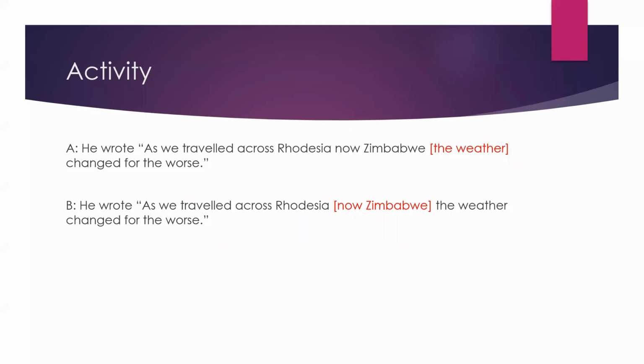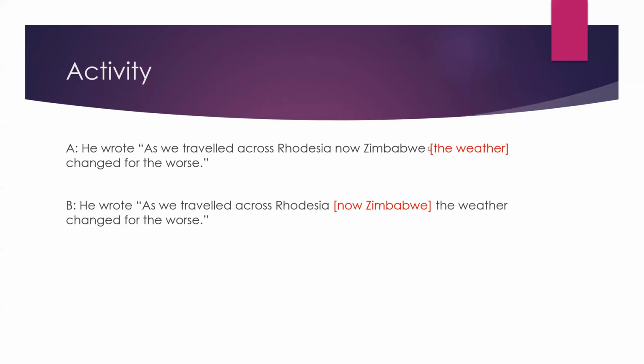Why is that? Because Rhodesia has a different name now, and the editor of this text would like to explain to, for example, modern readers, contemporary readers, if it is an old text that uses the old names of countries, the editor can clarify the issue by using brackets and adding the modern name of that country or that place.